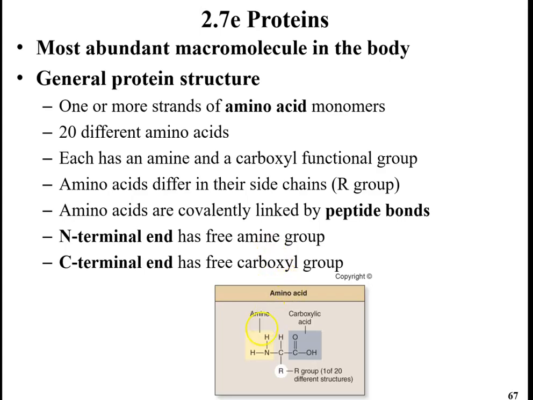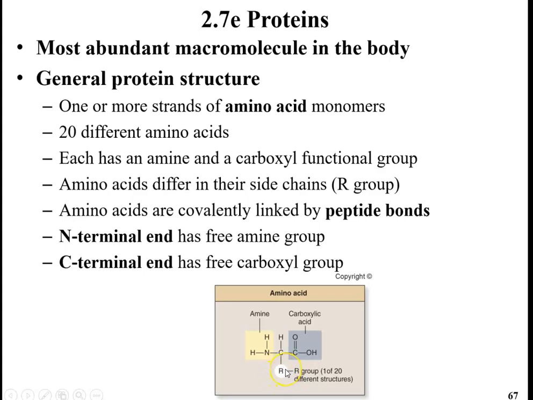So down here, this is an amino acid. This is the central carbon. Coming off of it is a carboxylic acid and an amine group. That's why they're called amino acids. Down here is a variable group. It can be one of 20 different structures. We'll look on the chart next.